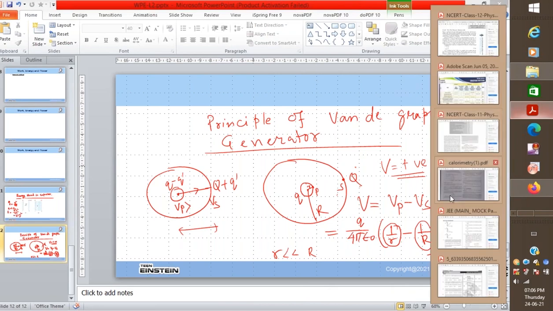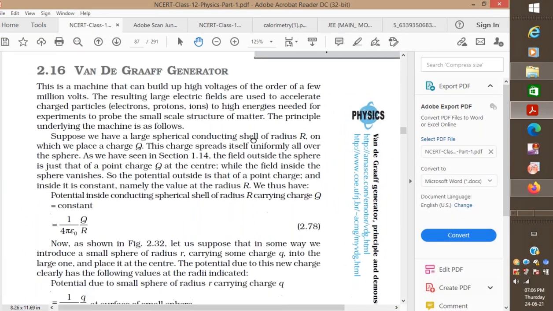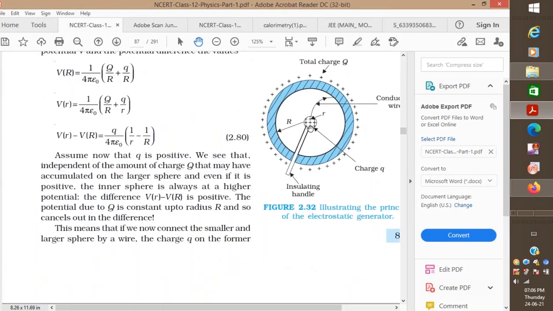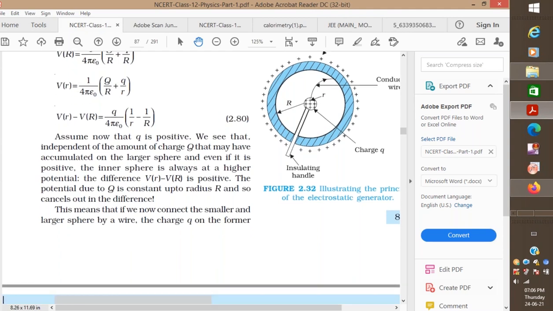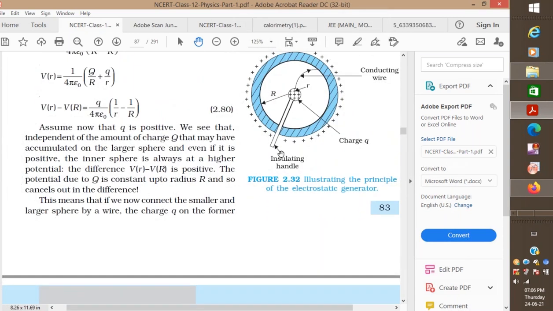So this is how we can develop a huge potential difference across these two. This is the principle for Van de Graaff generator, to develop a huge potential or high electric field. And that high potential is needed for what? Needed to accelerate charged particles.